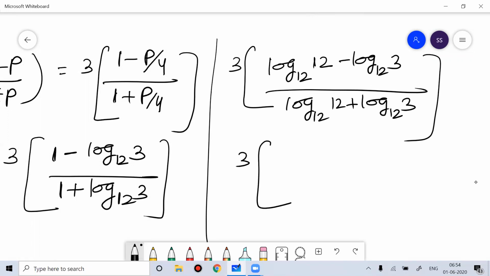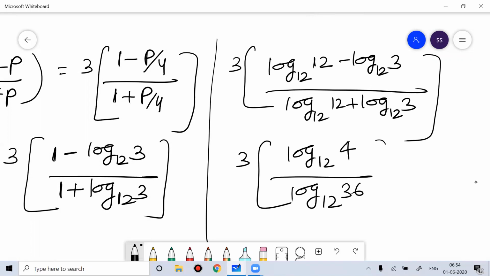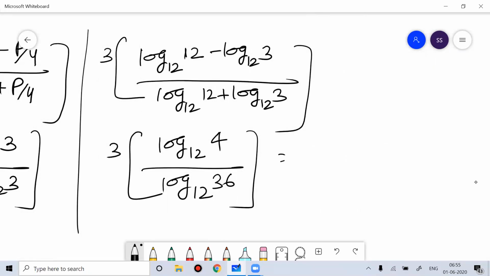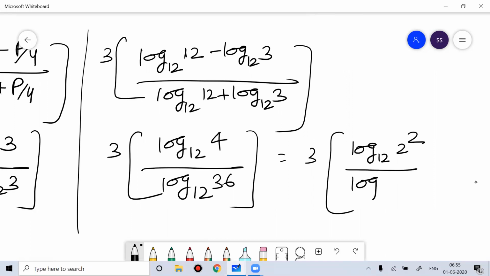So log base 12 of 12 divided by 3 is 4, and log base 12 of 12 into 3 is 36. Now 4 is 2 square and 36 is 6 square.